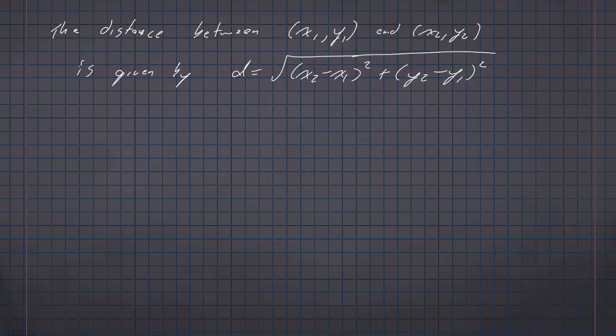The distance between 2 points is the square root of x2 minus x1 squared plus y2 minus y1 squared. And we are taking the approach in this course, just like we did in the real line, defining distance in terms of absolute value. We define distance in the plane in terms of this expression.